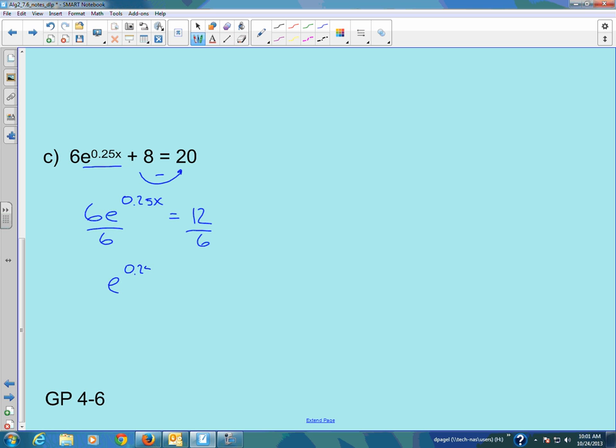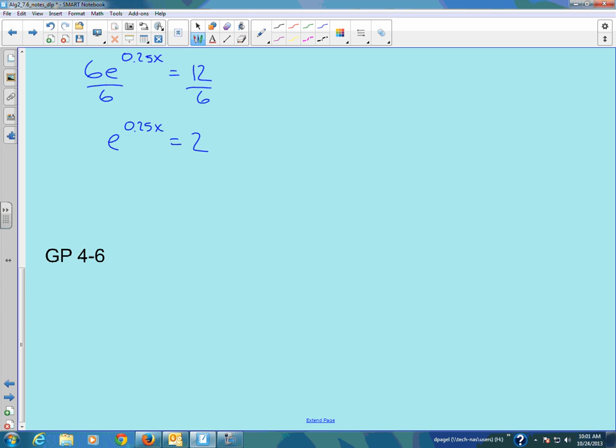Now we're at a place where I'm set up to go ahead and take logs of both sides. I could make them both logs if I wanted to, but we're dealing with a base e, so it might make more sense for us to make them natural logs. And we still have our properties where I have a power that needs to hop out in front here.